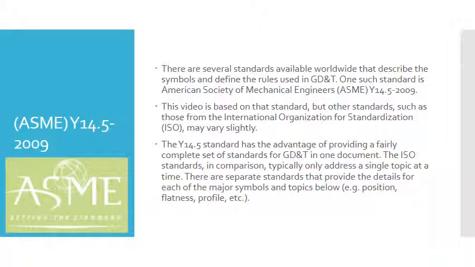The Y14.5 standard has the advantage of providing a fairly complete set of standards for GD&T in one document. The ISO standards, in comparison, typically only address a single topic at a time. There are separate standards that provide the details for each of the major symbols and topics, for example position, flatness, profile, etc.